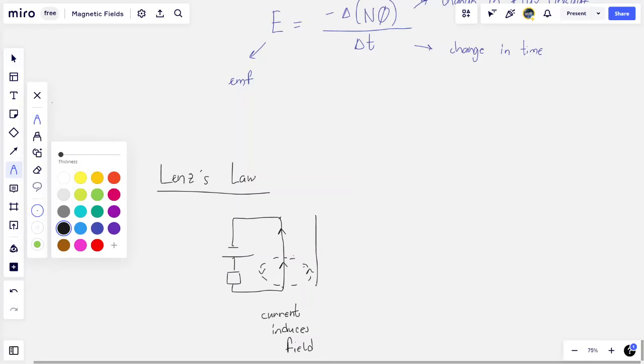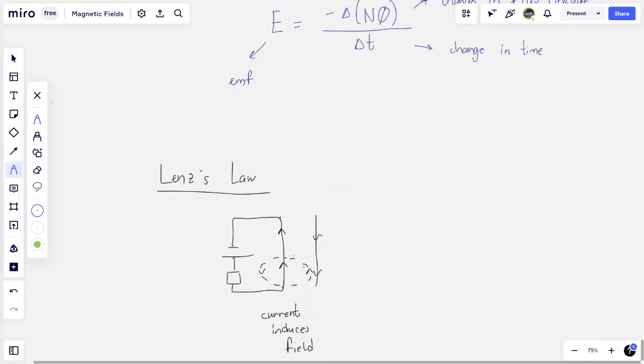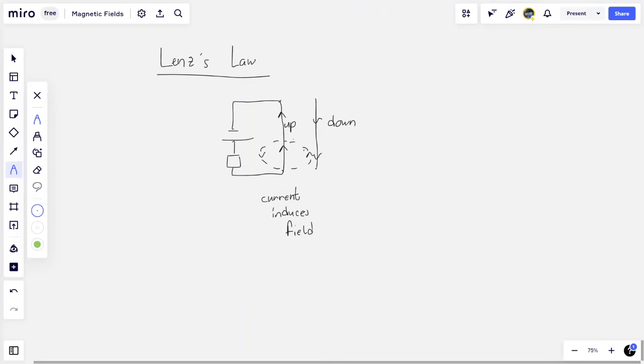Magic happens. Faraday's law says a change in magnetic field. If I can change the current in the first conductor and change the magnetic field or the flux density, I induce a current or an EMF in the second wire. Now notice that one points up and the other points down. That's what Lenz's law is telling us.